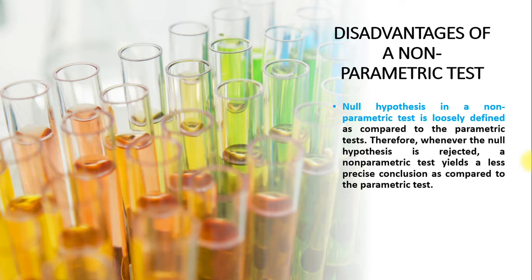And another disadvantage is that the null hypotheses in case of non-parametric tests are loosely structured, because of which you are not able to have a hypothesis which is well defined and well structured. So this is another disadvantage of it.